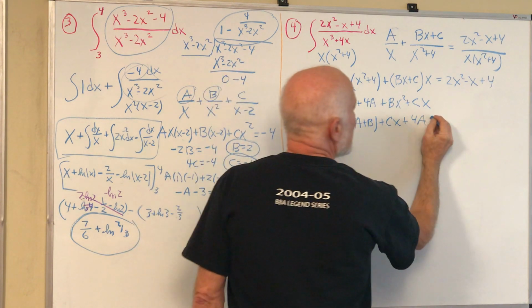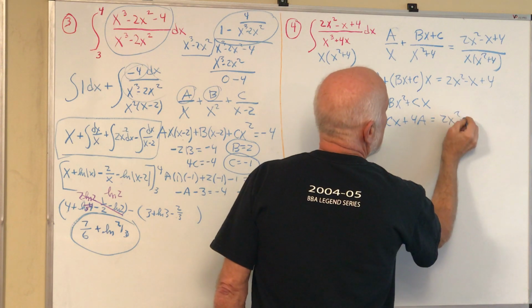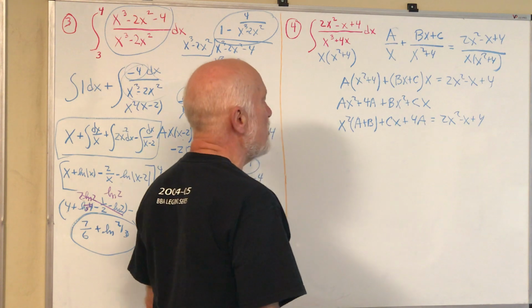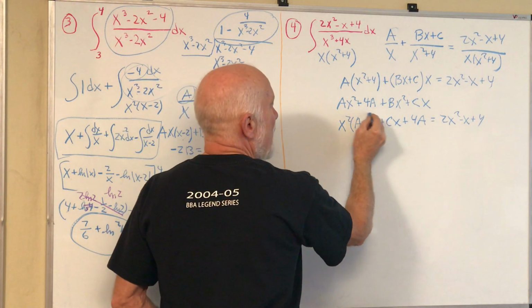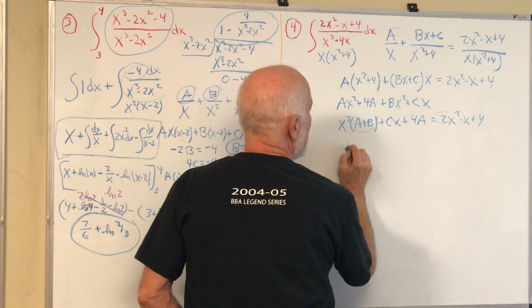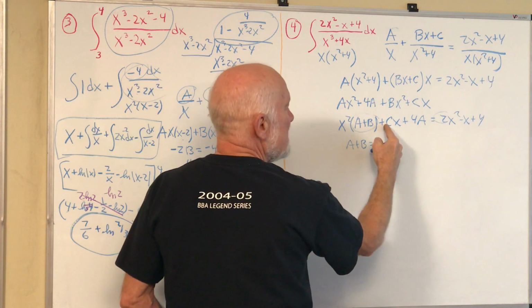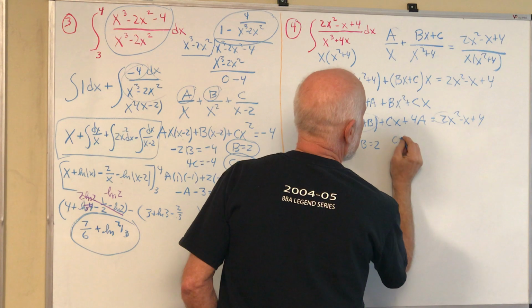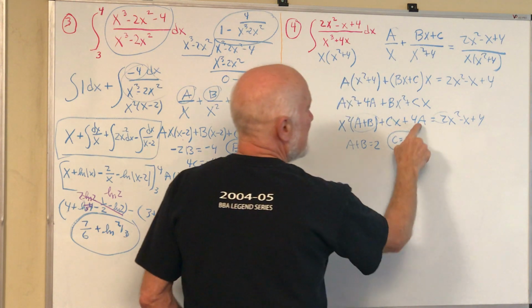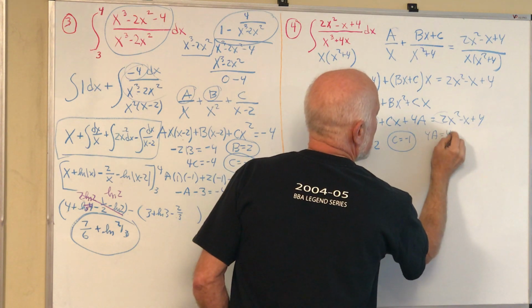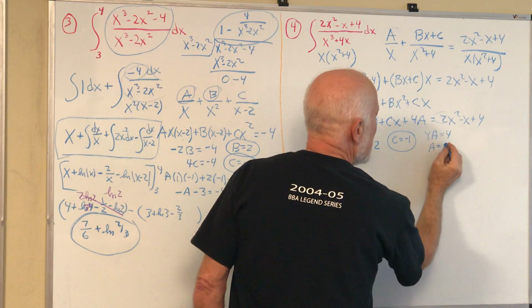Now, if this is going to equal this for all values of x, the only way that's going to be true is if a plus b equals 2, if c equals -1, and if 4a equals 4. Well, that's pretty easy to solve.